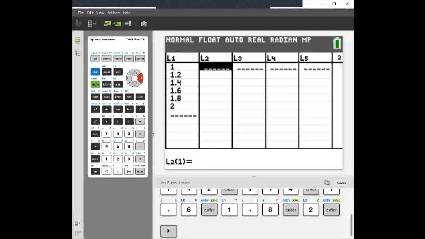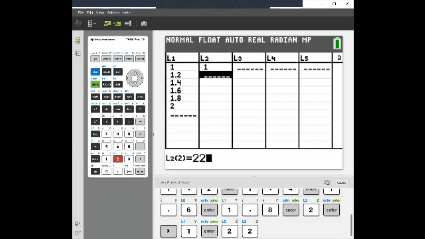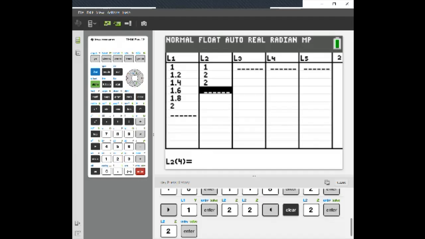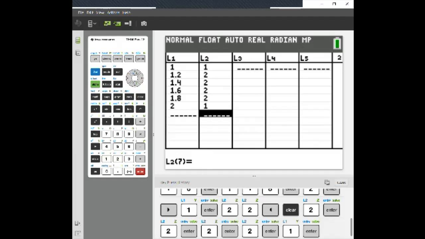In L2, what I'm going to do a little bit different, I'm going to put the number that I'm multiplying my function value by. So I multiply by 1, 2, 2, 2, 2, 1.